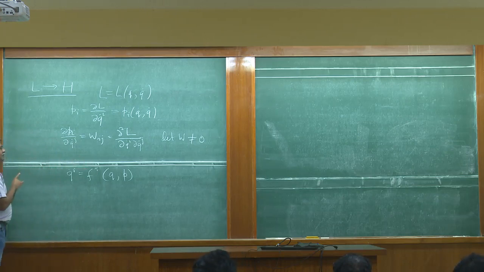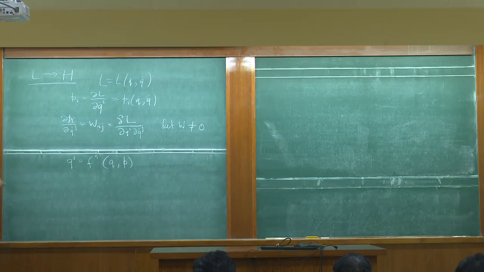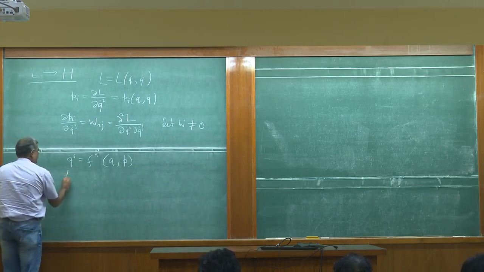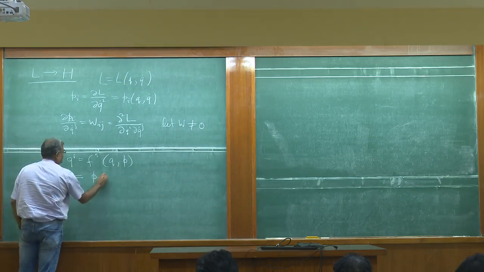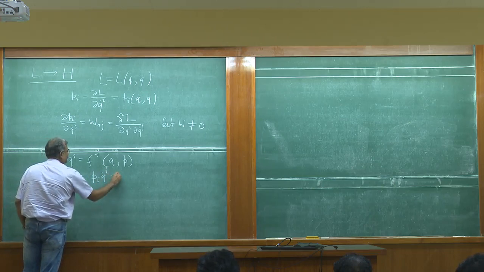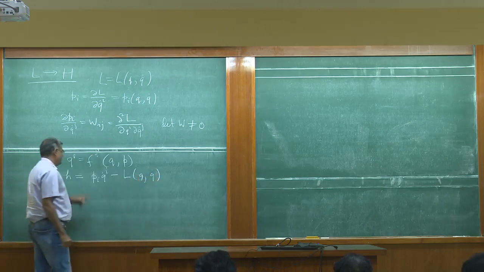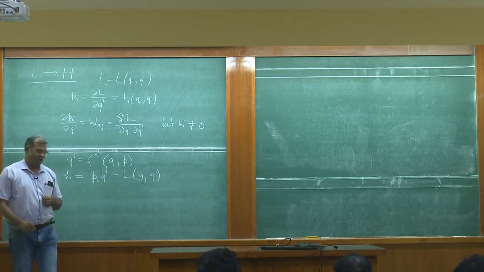But for the time being we are dealing with a non-singular system where all the q dots can be rewritten in terms of the position and momenta variables, and we have this famous Jacobi function, which is basically p_i q_i dot minus L, again a function of q and q dot. Remember here the p_i's are functions of q and q dot. So this whole expression is a function of q and q dot.